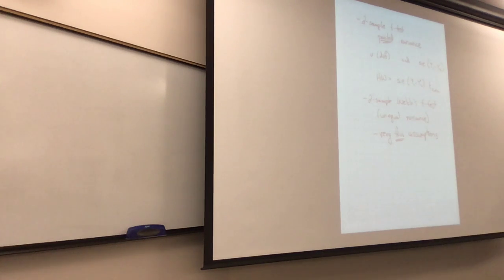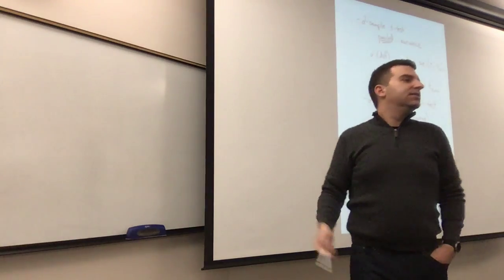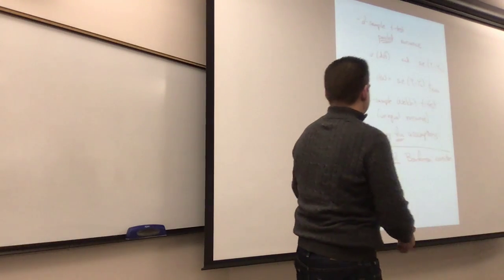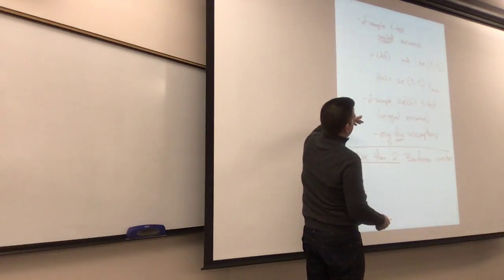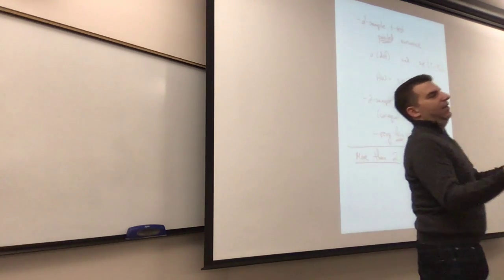The only thing that I would recommend you remember for more than two is this Bonferroni correction. You might imagine that you're going to have a certain number of comparisons. If I only had two models, I'd compare one model to the other. But what if I had 6 models?